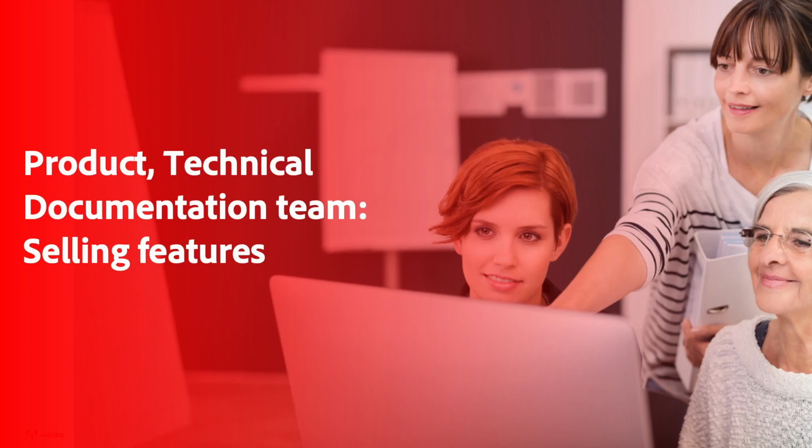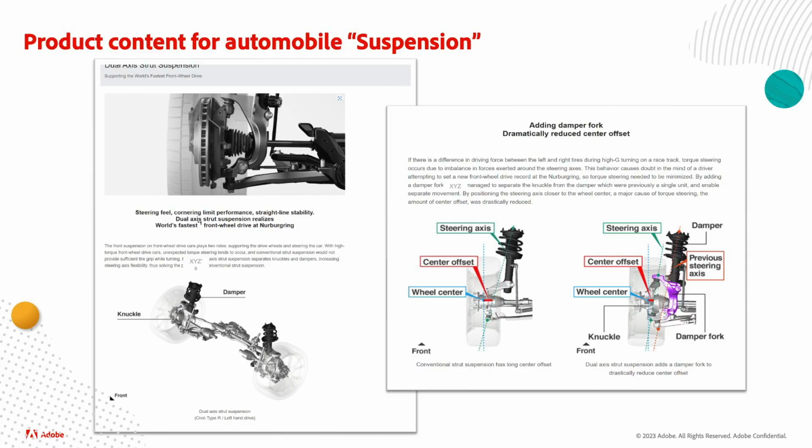And if I look at selling the features, these are all on the website, and I've taken one example to show you how feature selling typically happens. If I'm driving on an autobahn in Germany, I probably want a nice pair of suspension on a smooth road where I can have a cruise.